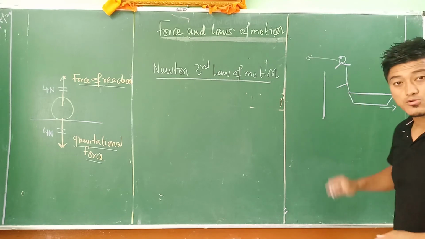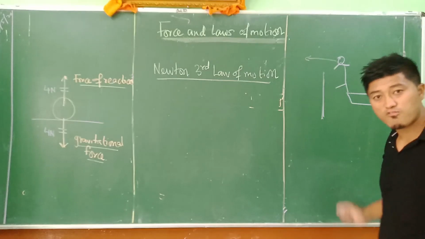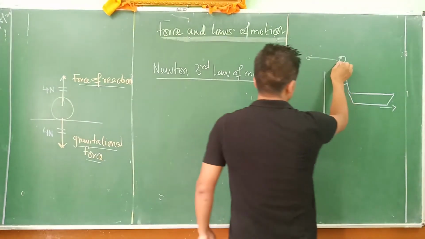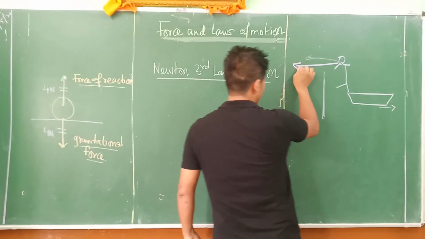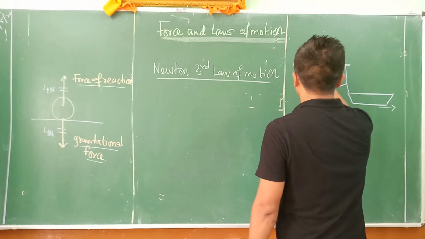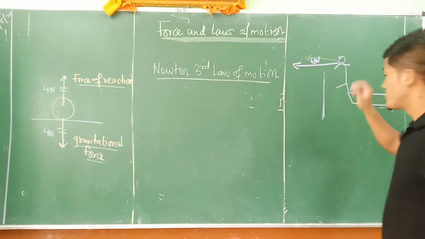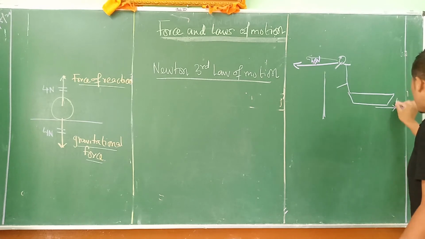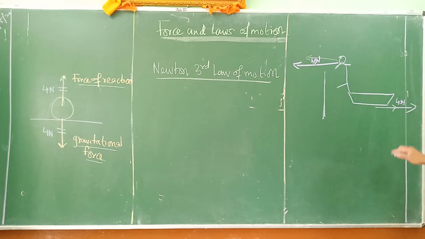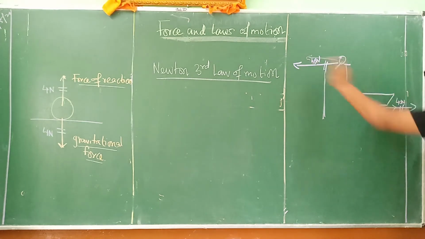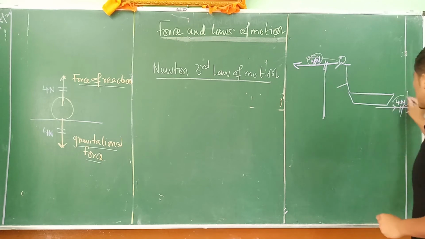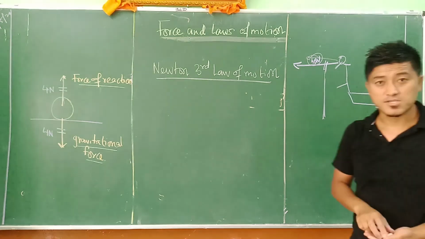If he uses all his energy to jump with more force, let's say 40 Newton, then the boat is also going to move back a lot, right? In the case of 40 Newton over here. Now, as you can see, this and that are in opposite directions. Is that clear? And this 40 Newton and that 40 Newton are also equal in magnitude.